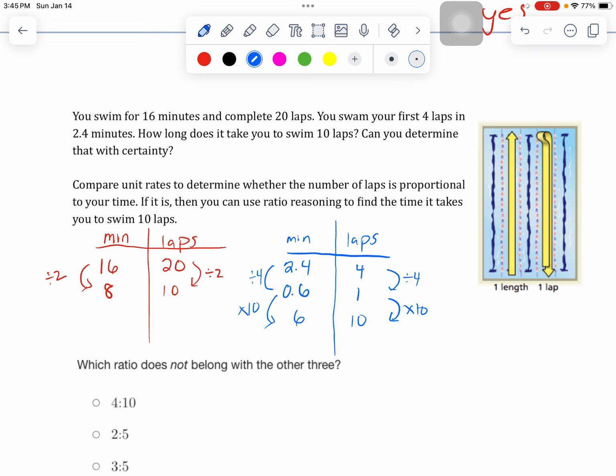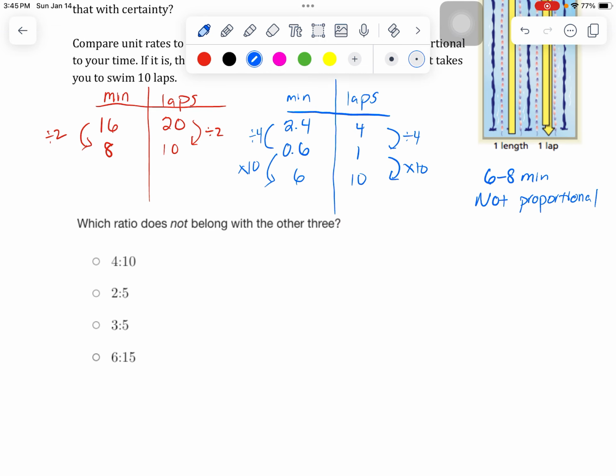But somewhere between 6 and 8 minutes, again, it was not proportional, because it wasn't going by the same thing every time. All right, and then our last question here says which ratio does not belong with the other 3. So again, I'm going to solve that by simplifying.